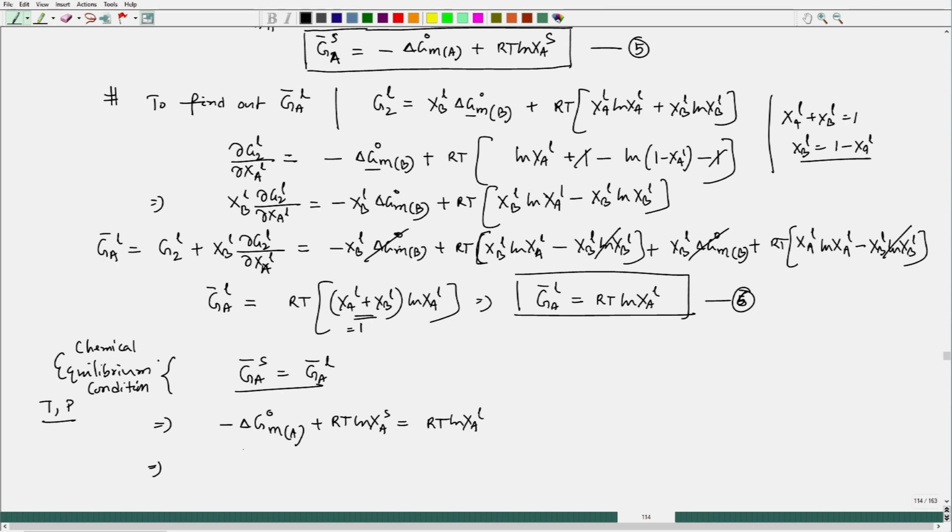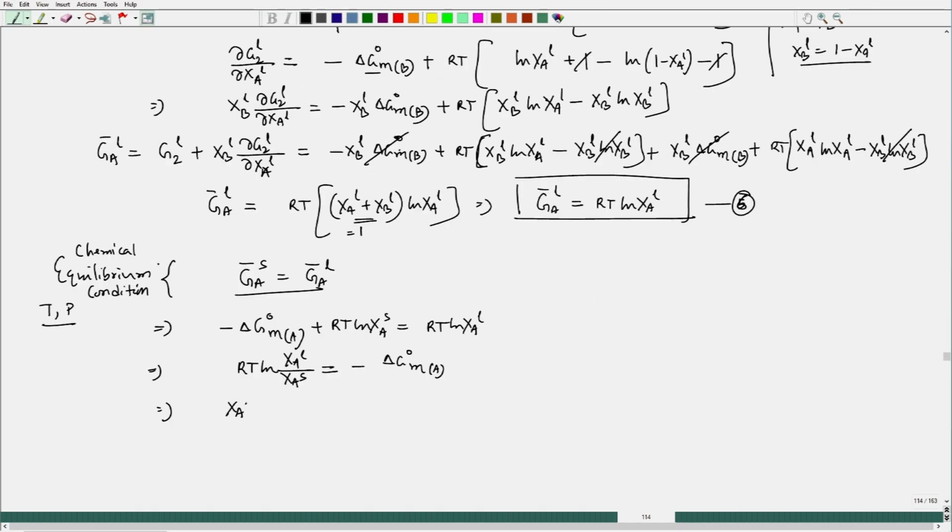So you can put it like this, RT ln XAL divided by XAS should be equal to minus delta GM naught A, then XAL should be equal to XAS exponential minus delta GM naught A by RT. Okay.